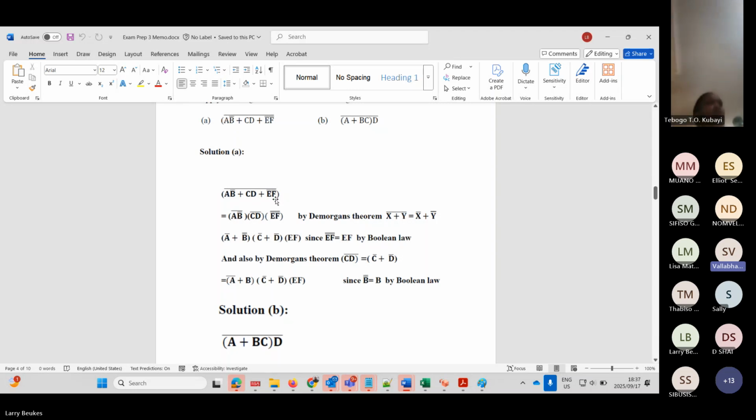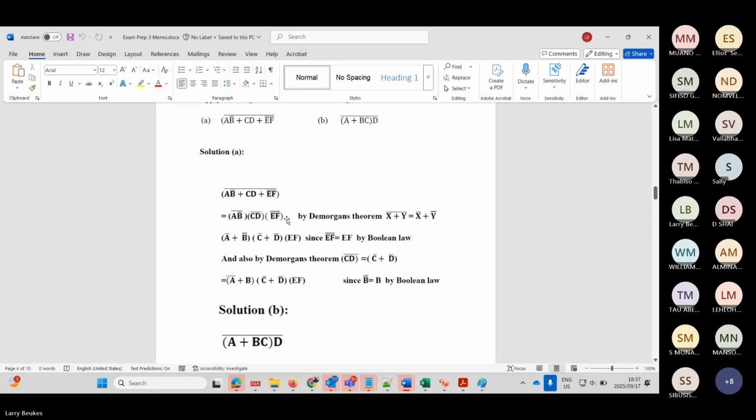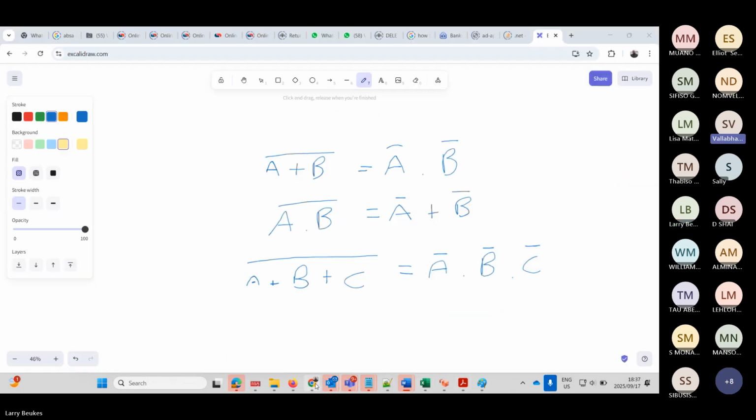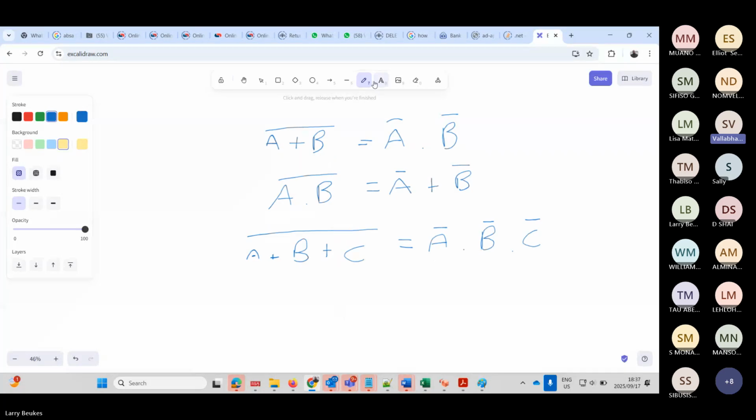So you write AB bar whole bar, that is one term, plus CD bar plus EF bar whole bar. Again, you have EF double bar, which is nothing but EF by Boolean law. That's why while attempting De Morgan's theorem questions, you should also be familiar with Boolean laws.